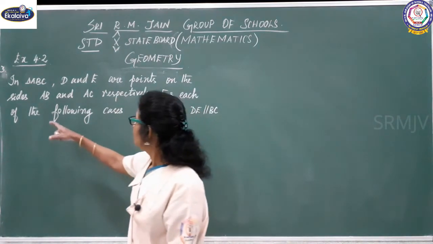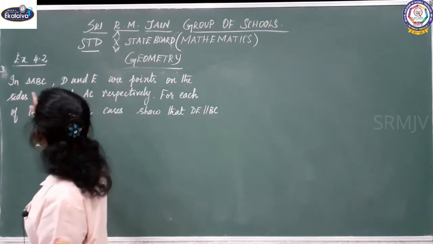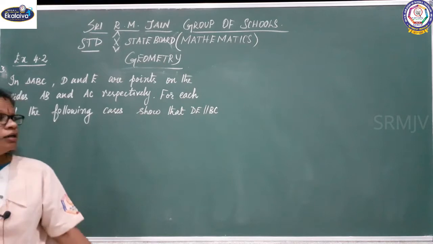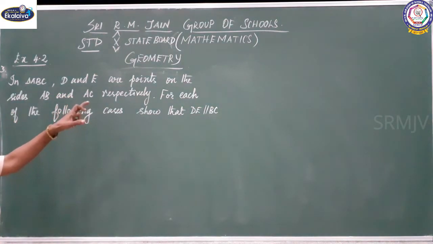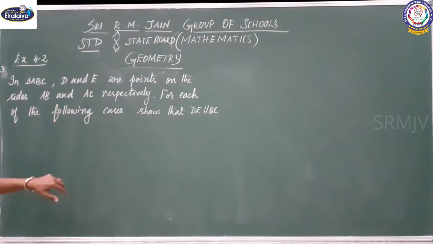Question number 3. In triangle ABC, D and E are points on the sides AB and AC respectively. For each of the following cases, show that DE is parallel to BC.